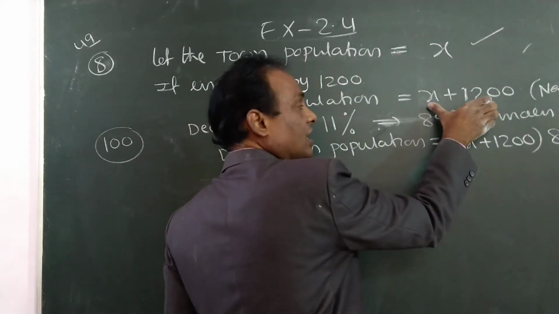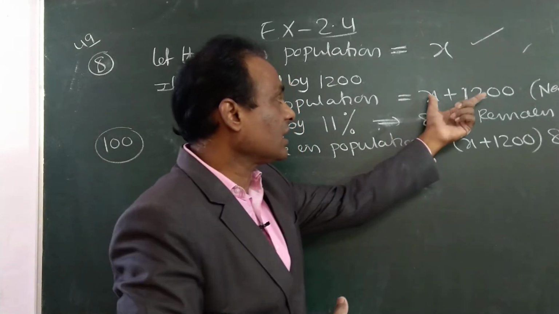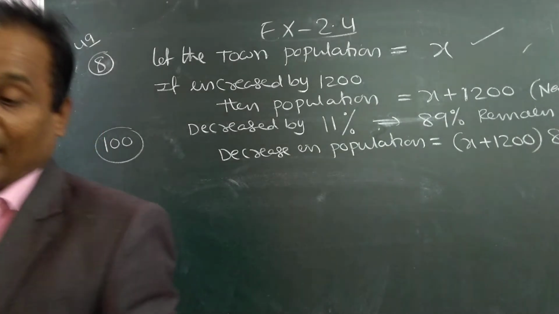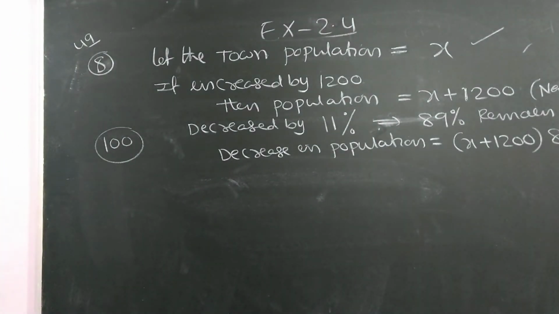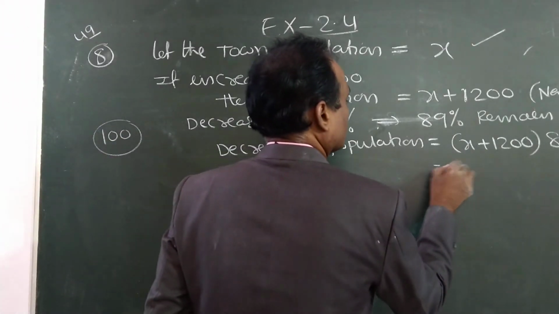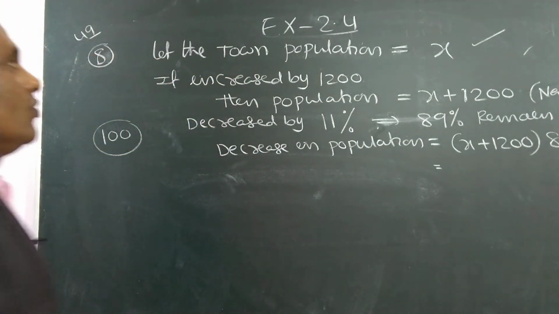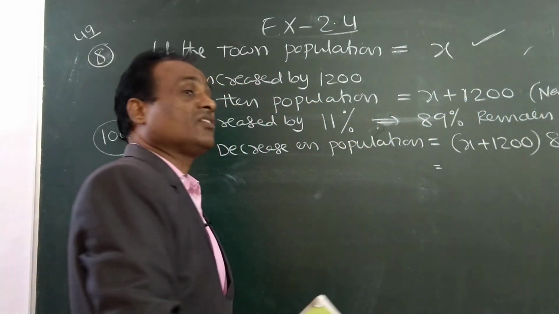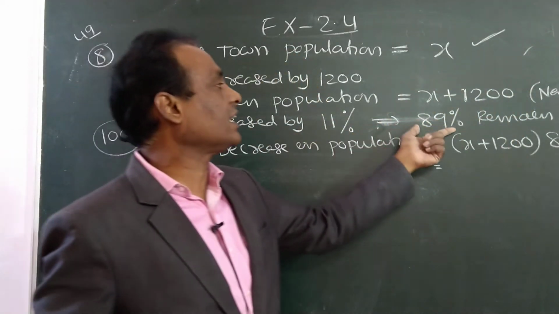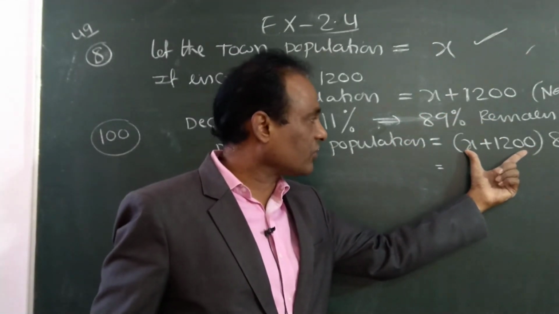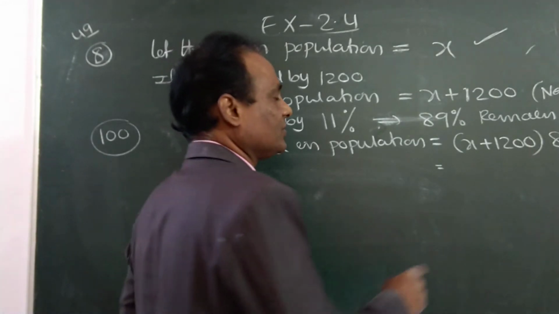It decreased by 11% means presently it is only 89%. First stage X, second stage 1200 increase, third stage 11% decrease means only 89% remains. So X plus 1200, in that only 89%.